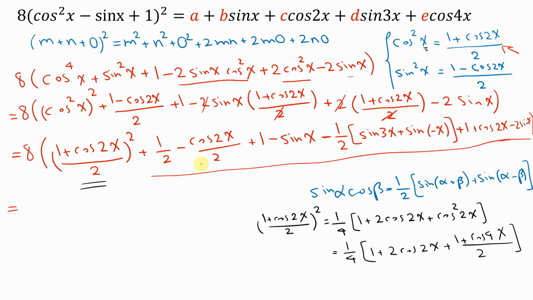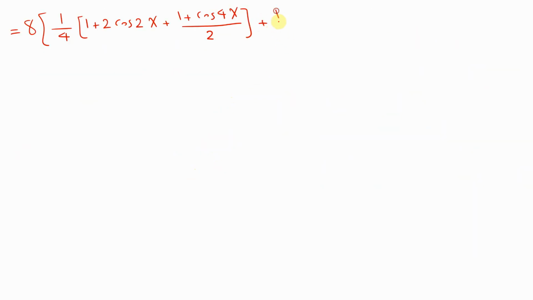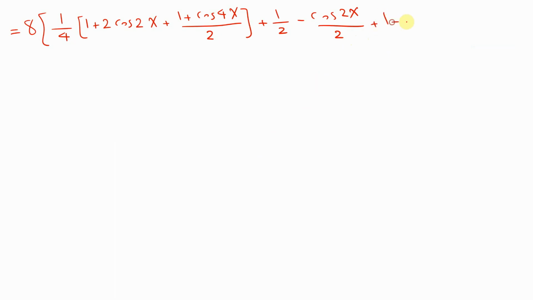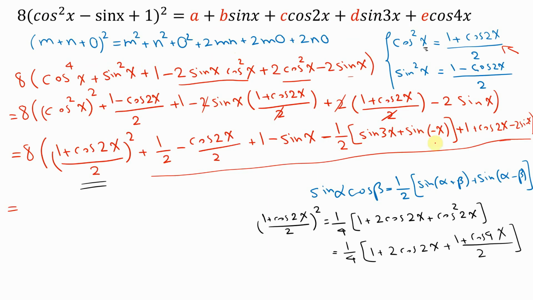and the rest: 1 divided by 2 minus cosine of 2x divided by 2, plus 1 minus sinusoid of x, minus 1 divided by 2 times sinusoid of 3x, and sinusoid of minus x becomes minus sinusoid of x, this expression.